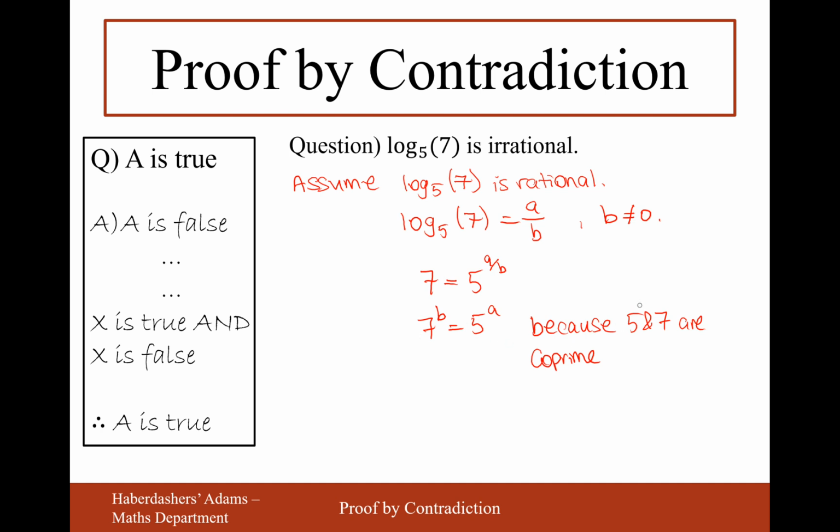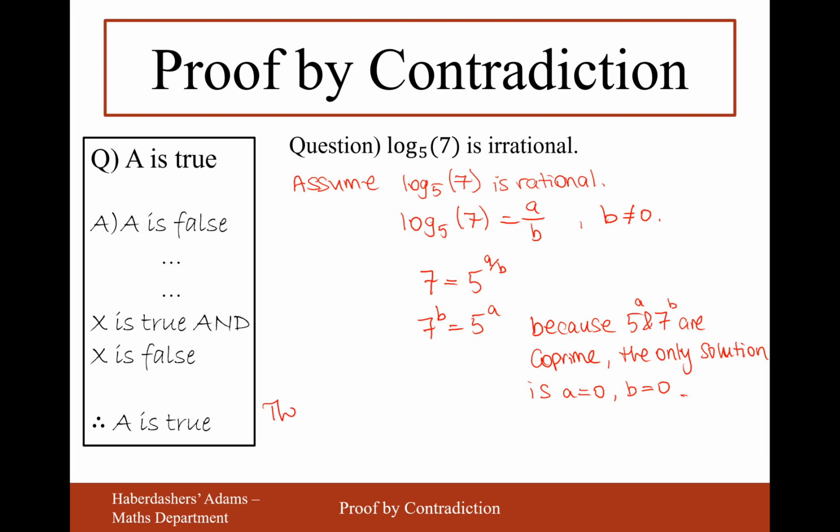So because 5 to the power of a and 7 to the power of b are co-prime, the only solution is a equals 0 and b equals 0. And we set up before statement x, which was that b could not equal 0, and we've got a falsehood to that, so we've got the reverse of that happening down here. We've got b equals 0.